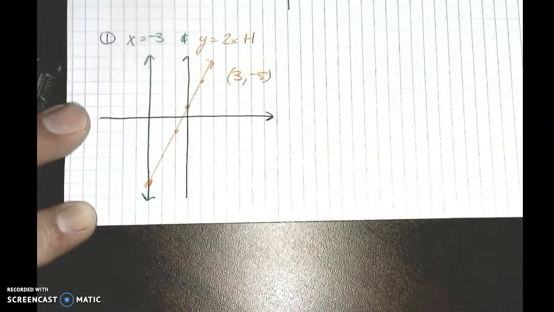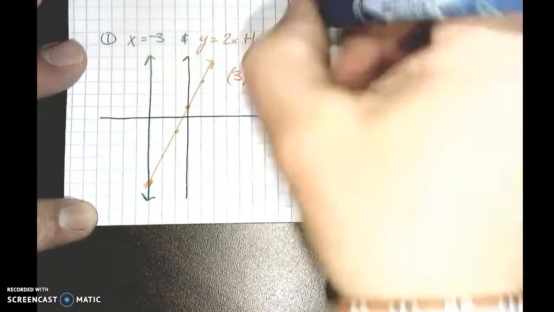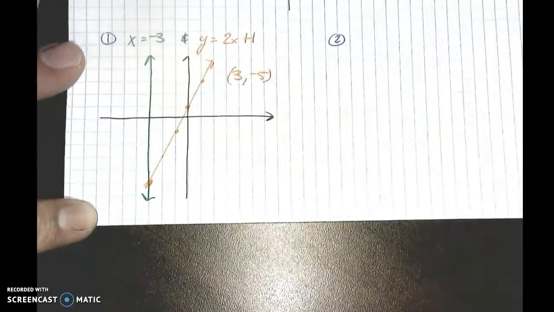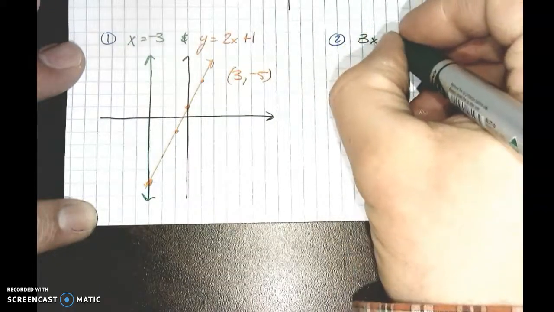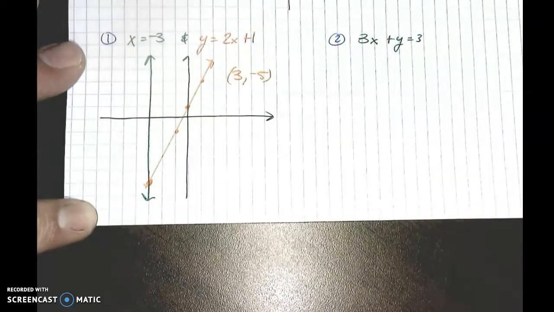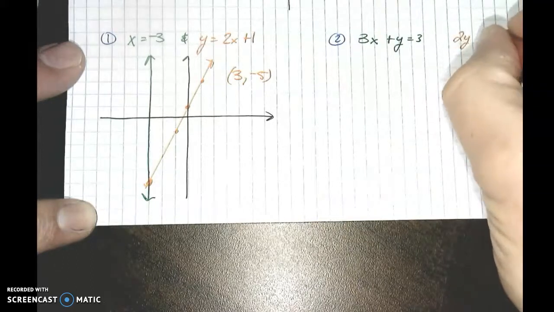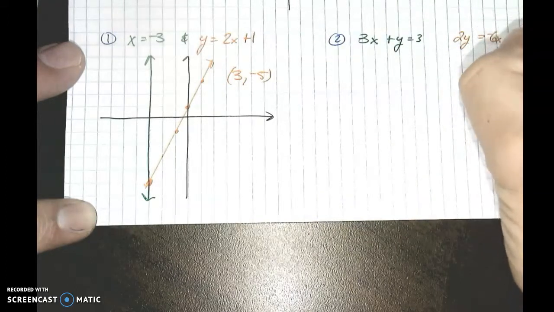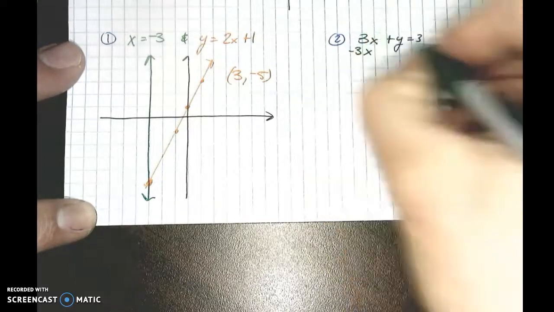Okay. And then let's do our second example. We have 3x plus y is equal to 3. And then we also have 2y is equal to negative 6x plus 6. So here, I'm going to subtract my 3x.